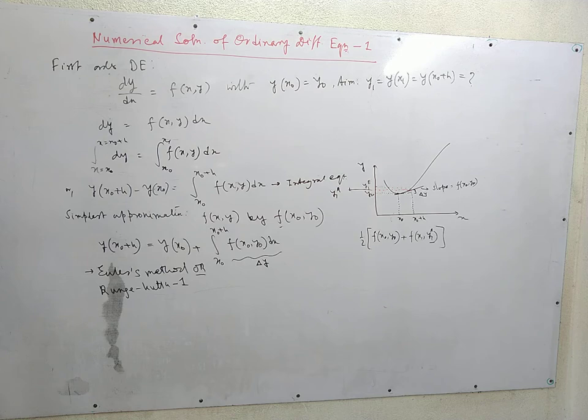There are four Runge-Kutta methods, starting from Runge-Kutta of order 1, which is nothing but Euler, up to the most popularly used one, the Runge-Kutta 4. We shall just describe these four methods and then apply them to a specific case.